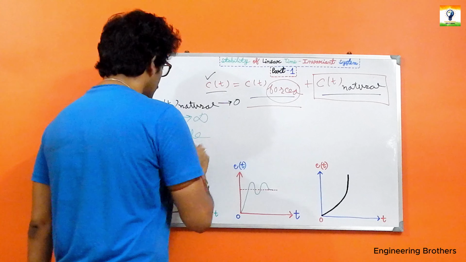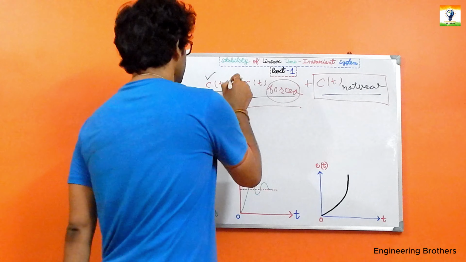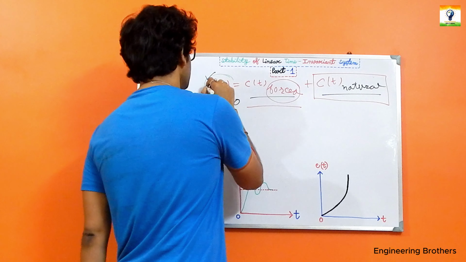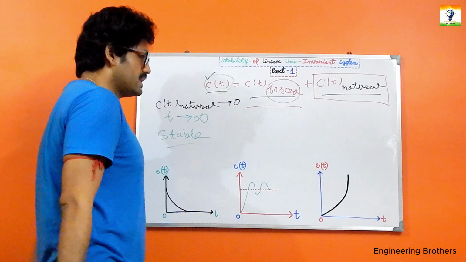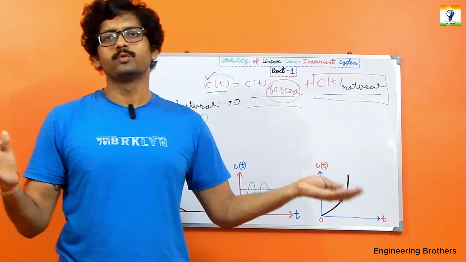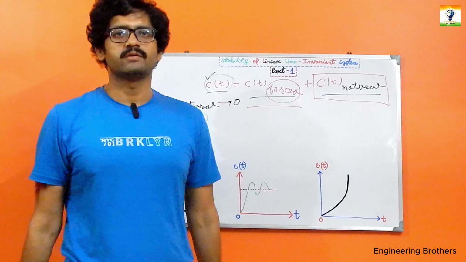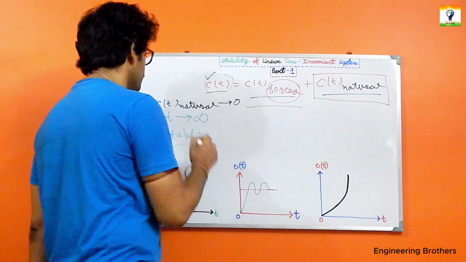Why? Because we can predict the output waveform, the response. Because of this predictability, we can say that the system is stable.